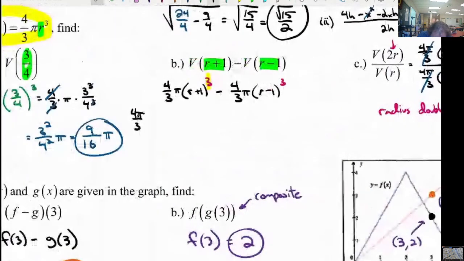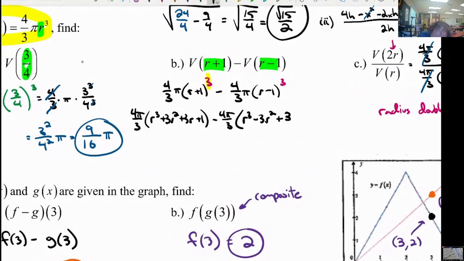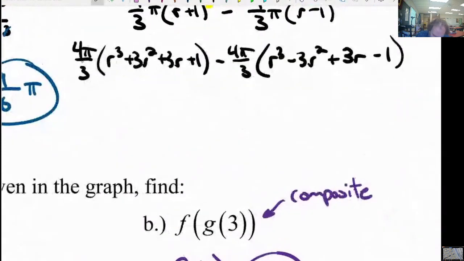So this one is R to the third plus 3R squared plus 3R plus 1 minus 4 pi over 3 times R to the third minus 3R squared plus 3R minus 1. Now, again, a lot of the same stuff is going to happen here. Remember, this is all one big chunk being multiplied right there.